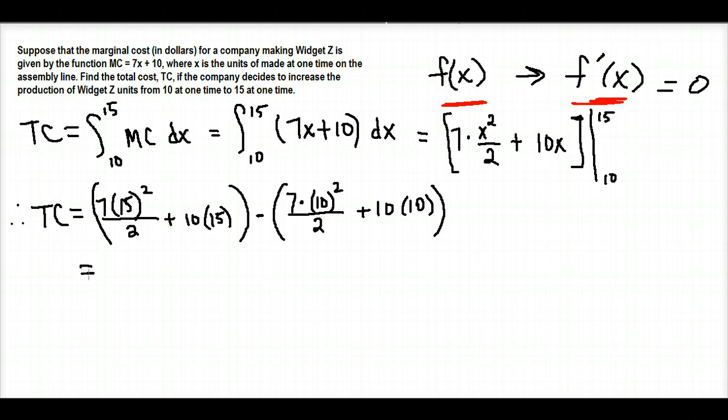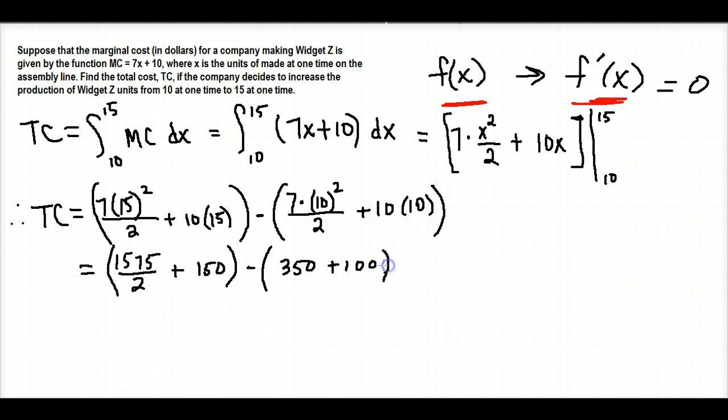And so if we do the calculations here, all right, so here this ends up being 1575 over 2 plus 150, and then this would be, let's see, 10 times 10 is 100, 100 times 7 is 700, 700 divided by 2 is 350 plus another 100.